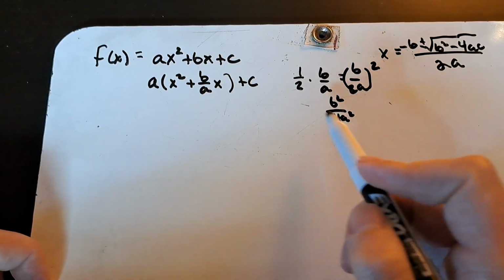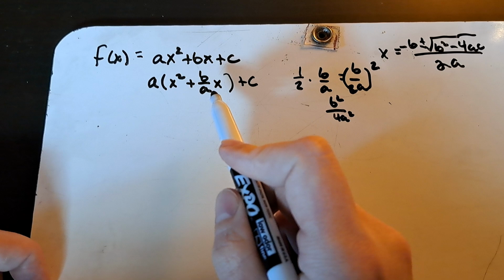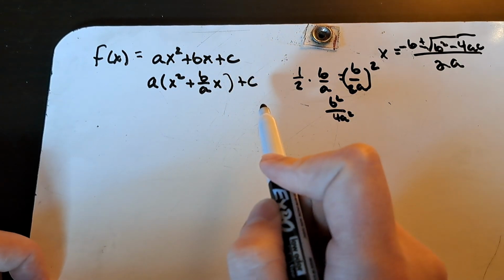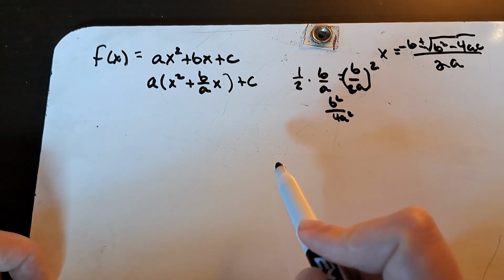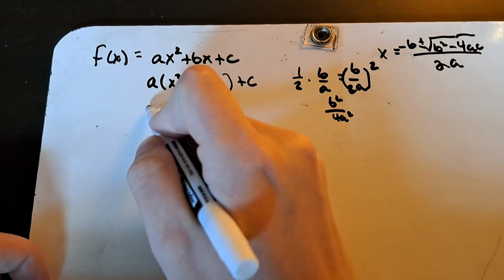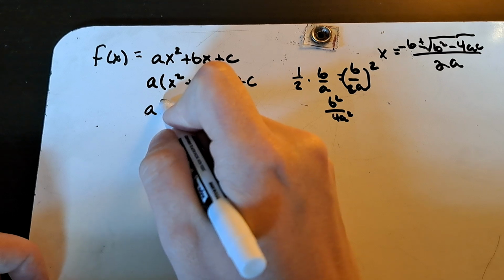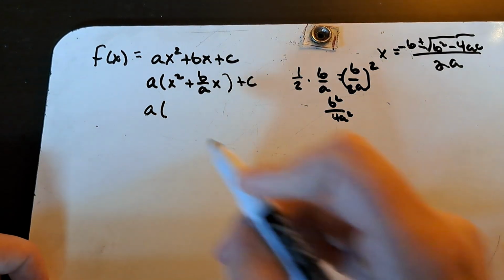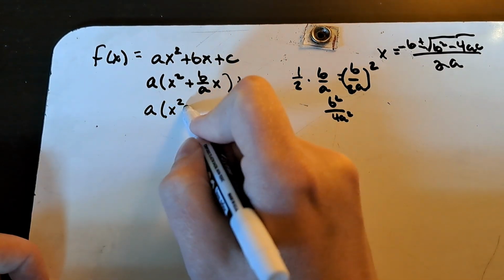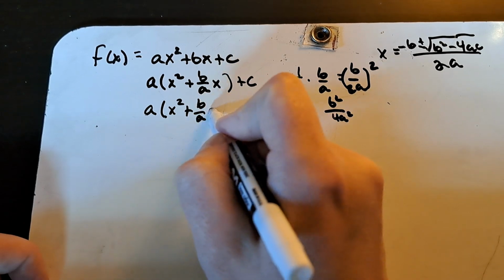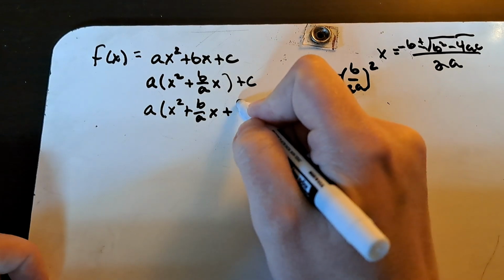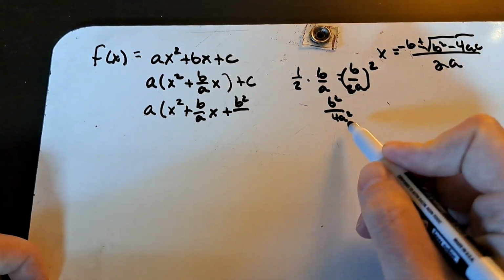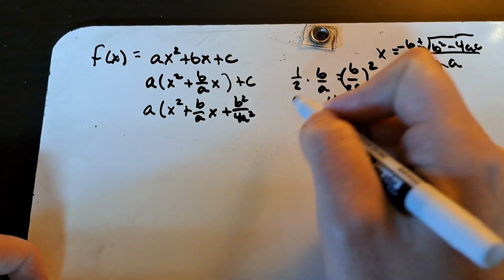This is what actually completes the square on this right here. And so I'm going to write that whole thing out, and then I'm going to show you the next step where we can actually get the sides. Okay? So I'm going to multiply this by x squared. I'm just rewriting this part right here. And what we are adding to this is going to be b squared over 4a squared.